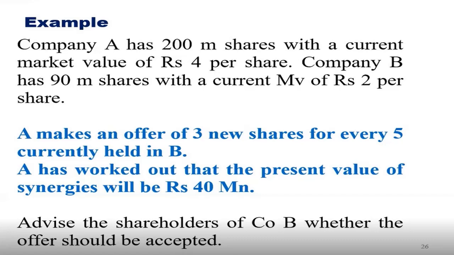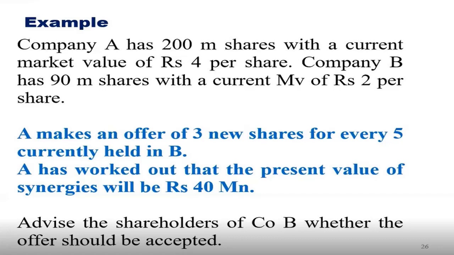I'll repeat: 90 million, they say we will give you 3 shares for every 5 shares that you have. If you divide 90 by 5, you get 18, and then 18 times 3 gives you 54 million. So A is willing to give you 54 million shares of company A to take over B.